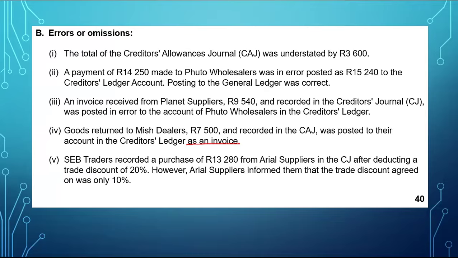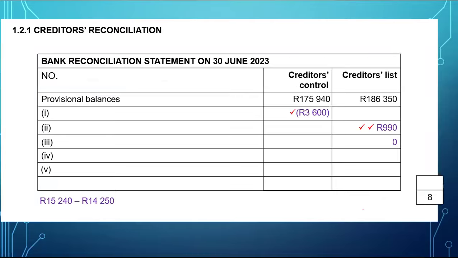We basically were supposed to reduce the creditors list, or reduce that creditors balance, by that amount, which is 7,500. But we didn't reduce it. Instead, we increased it because we recorded it as an invoice. So to correct the error, we have to reduce it twice.